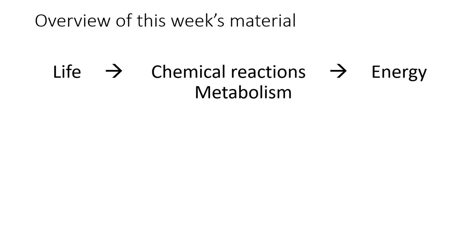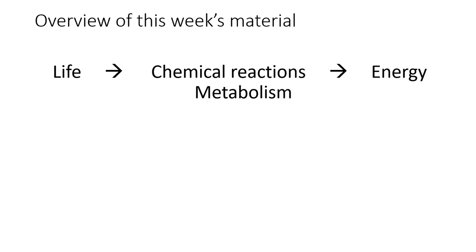I want to give you the big picture instead of all the little minutiae that are in those chapters, to help you understand why this is important. Life. What is biology? The study of life. So life requires chemical reactions to occur. We call chemical reactions metabolism.